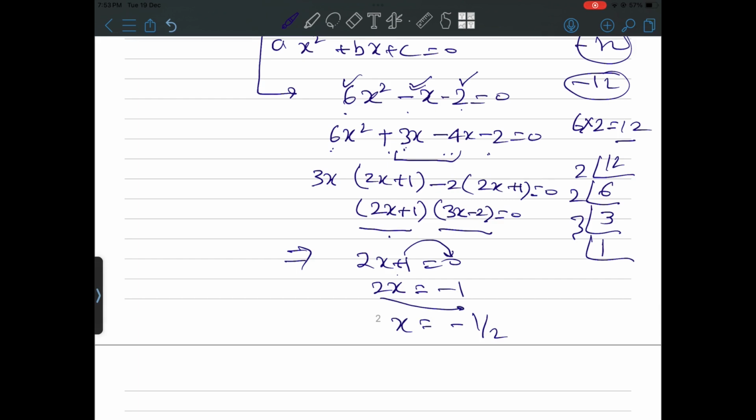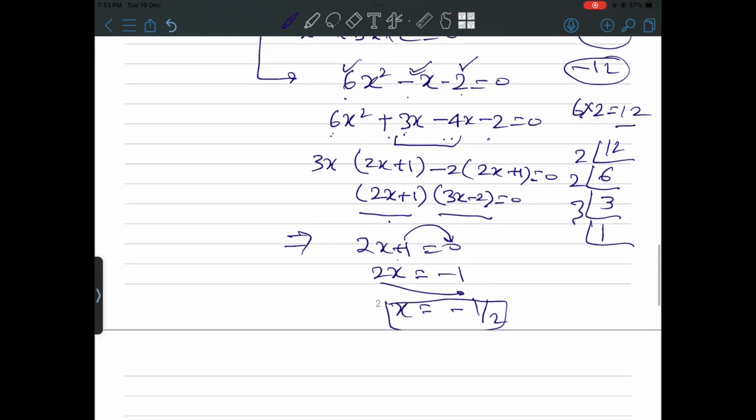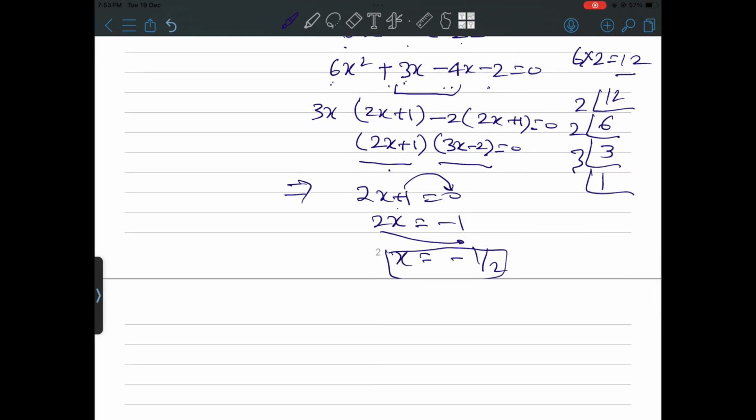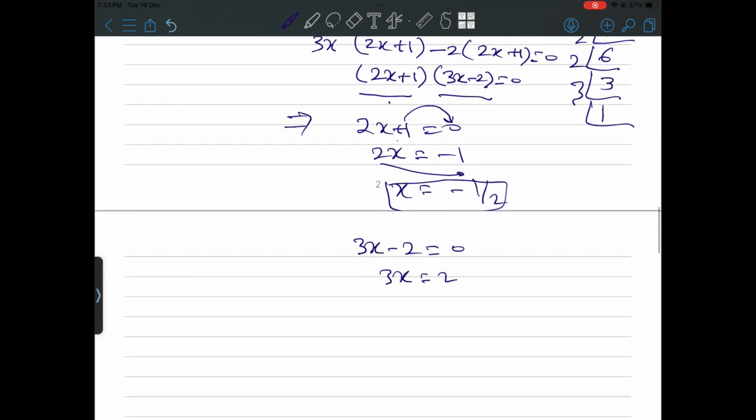So now you got the first root. For the second root, make this one 0. So 3x minus 2 is equal to 0. 3x is equal to 2, and then x is equal to 2 by 3. Now you got the second root. So you got the two roots like this.